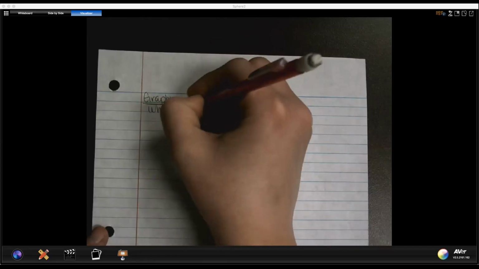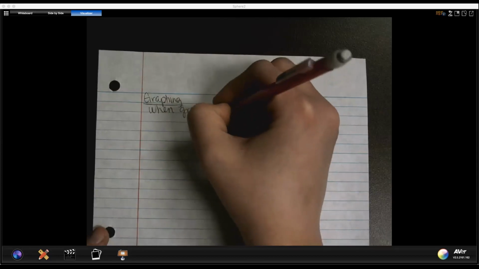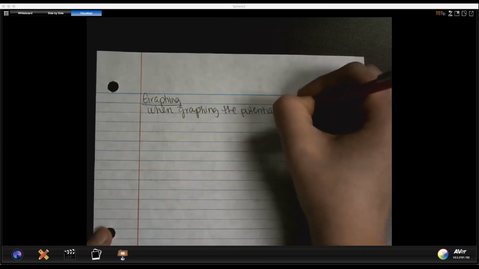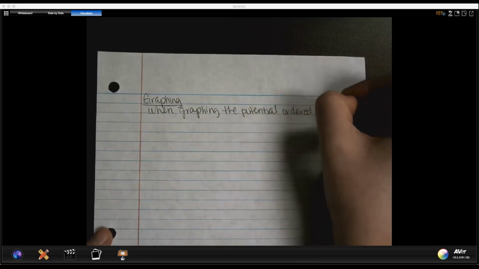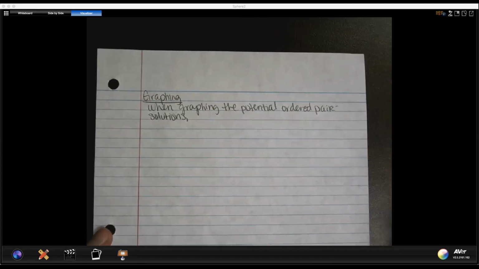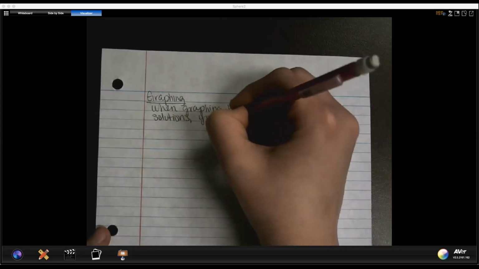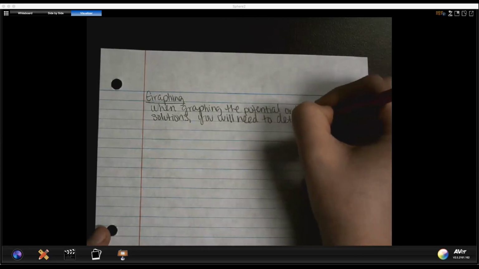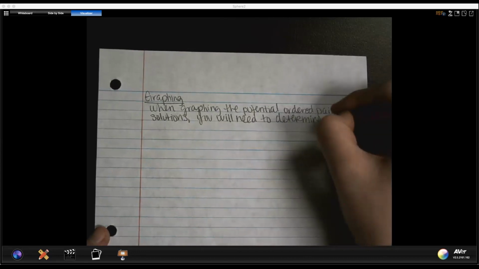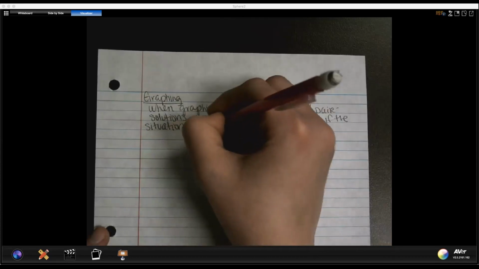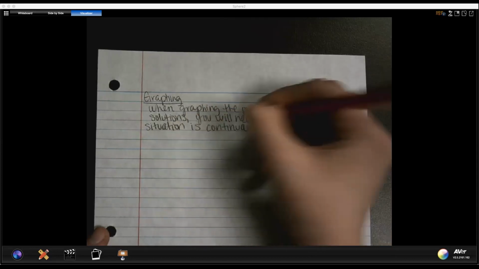So when graphing the potential ordered pairs solutions, you will need to determine if the situation is continuous or discrete.